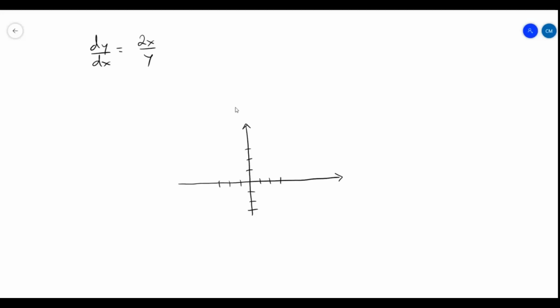That's not going to be anything, because if y is 0, it's undefined. Undefined slopes are typically vertical, but 0 over 0 is totally undefined, so that one we'll skip. But basically, if you have any y value equal to 0, this is going to be undefined. If y is 0, in other words, if we're along the x-axis, we definitely are going to have an undefined slope there.